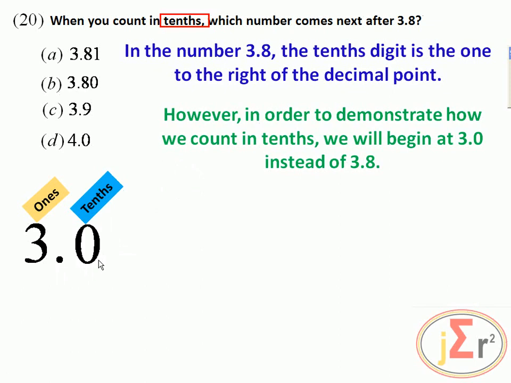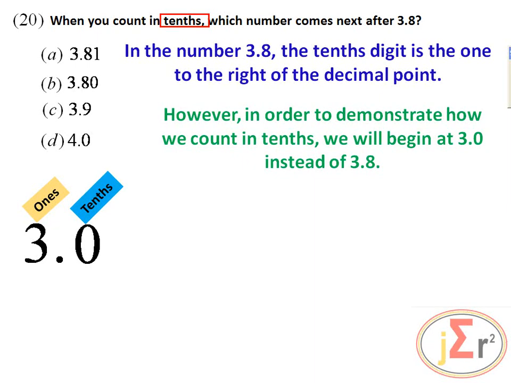However, in order to demonstrate how we count in tenths, we will begin at 3.0. We are counting in tenths. And when we count in tenths, the tenth place value is the one that is affected. It is the one that always increases by 1, until there is an overflow, and then it will go to the more significant place value.